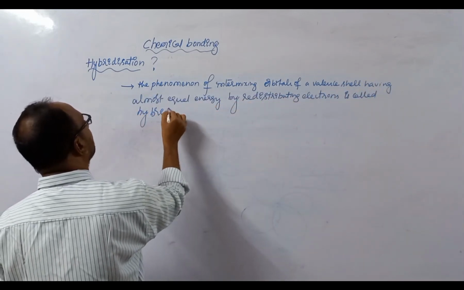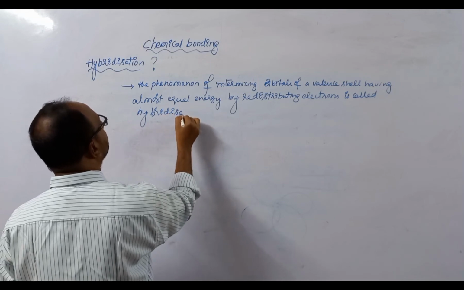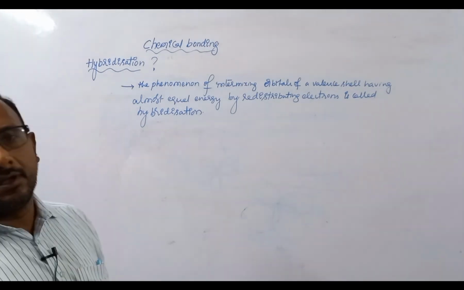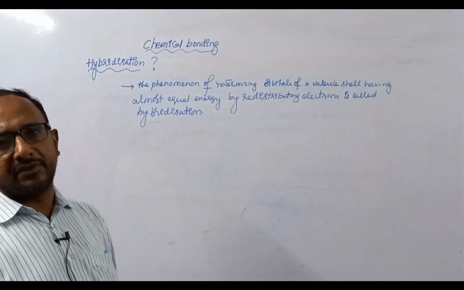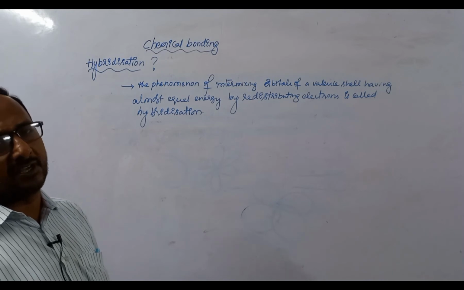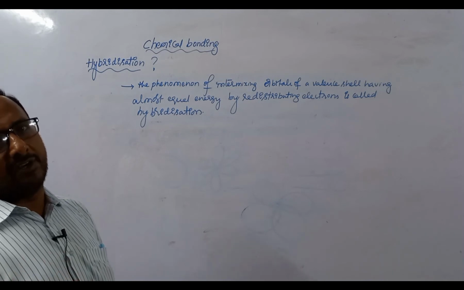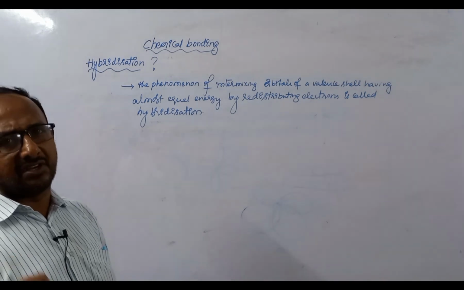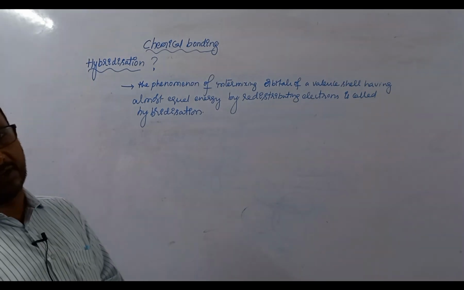Students, everyone has to remember that hybridization is not taken between the atoms, only in one atom in its valence shell among the orbitals having equal energy. When they intermix by redistributing electrons, it happens.